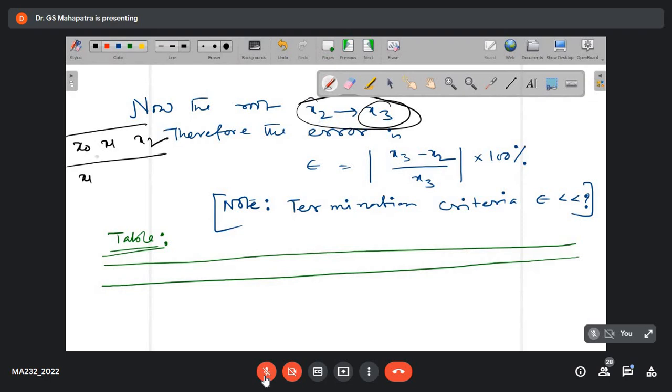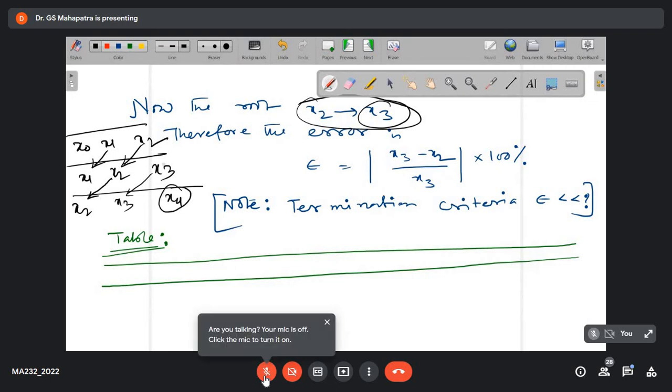So it will be replaced like that, and x3 is the new one. In the next iteration, x1 should be replaced, so it will be like that. Here x3 should be there and x4 is the new. These are the new, actually rounded ones.